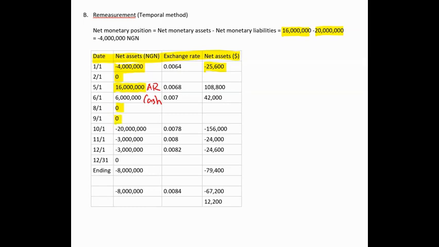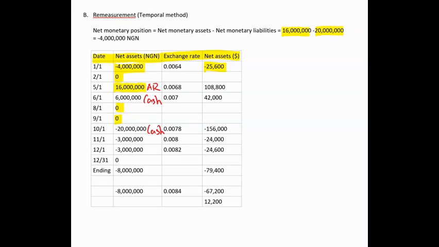Then October 1st, they bought inventory for 20 million. The journal entry is to debit inventory and credit cash 20 million. Because inventory is not considered part of the net monetary position, we only consider the negative 20 million in cash, and that equals $156,000 based on that day's exchange rate.